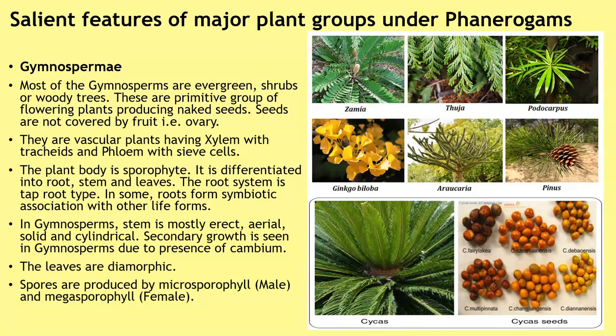Then we have pinus, which is source of pine wood, turpentine oil and pine resin. If you look at pinus here, you will see that this resembles something, especially at the time of Christmas. In your Christmas decorations, you must have seen this painted in golden and silver. So they are used for decorations, they are used as ornamental plants.